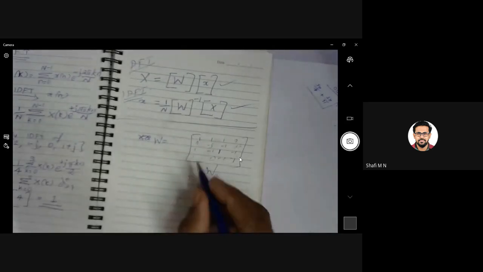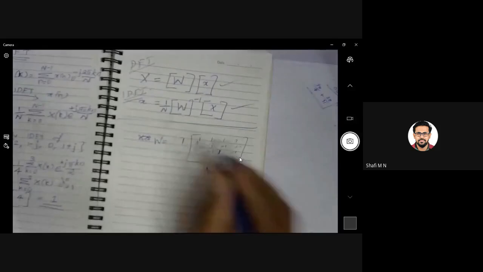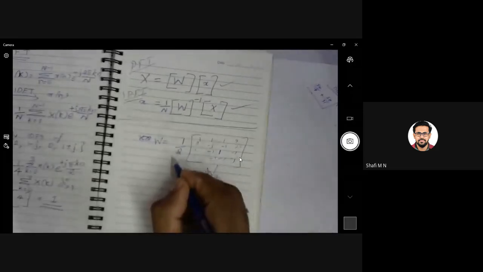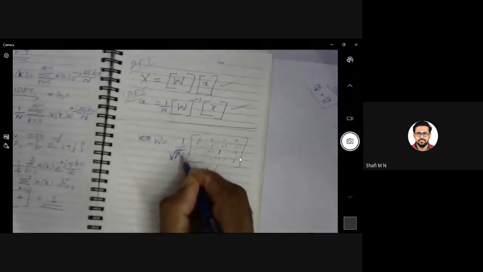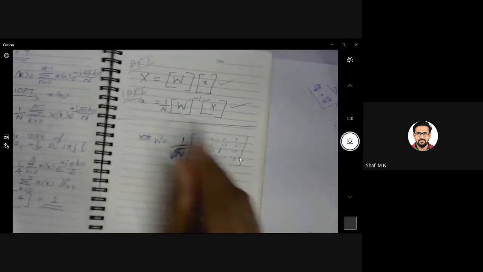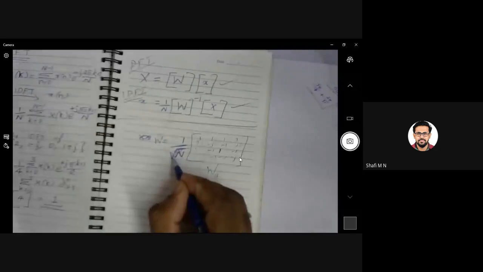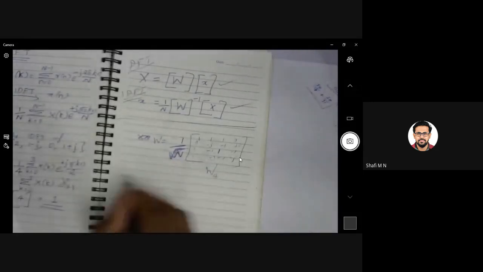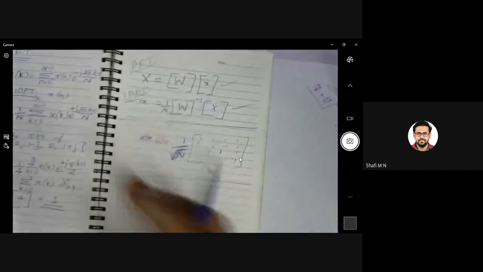But when you Google that, you can see another format like this. It will be written as 1 by 2. It's 2 because the general structure is 1 by root N. They use 1 by root N because they want to make this completely inverse transformable.